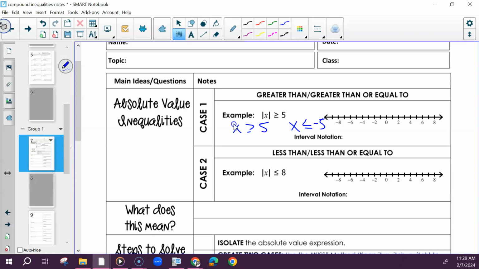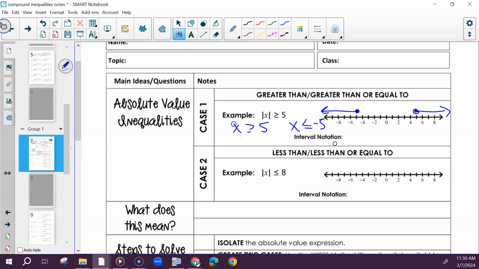And then you're going to graph both and write that in interval notation. So this would be flowing to the right at 5 and flowing to the left at -5. We can do the interval notation, then we'll talk about which type.